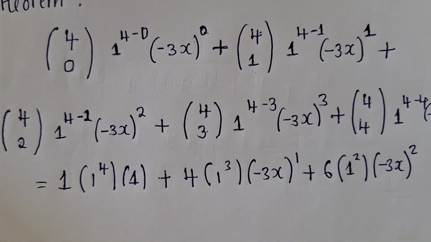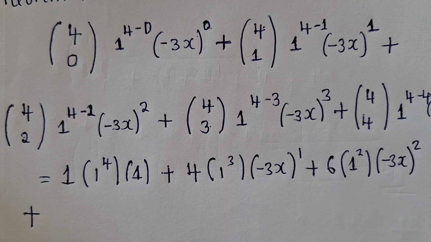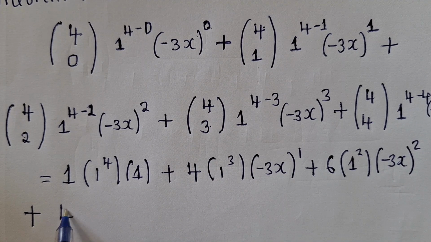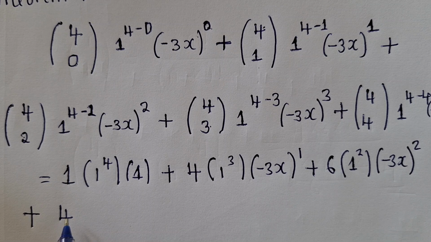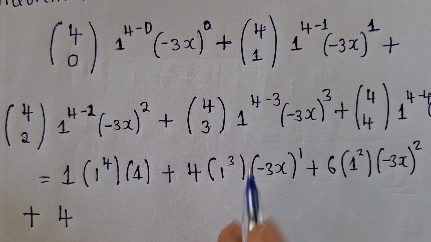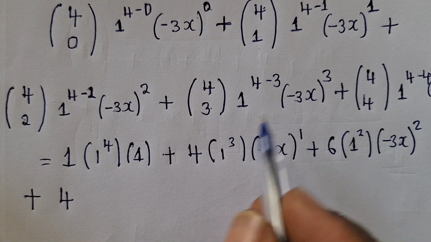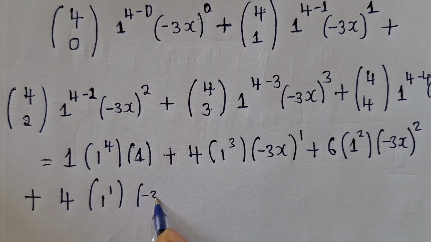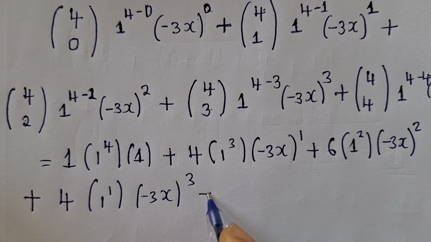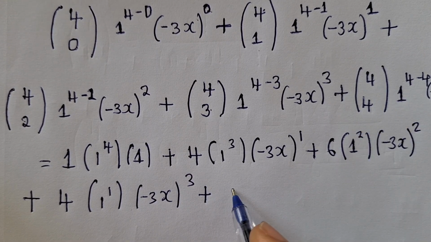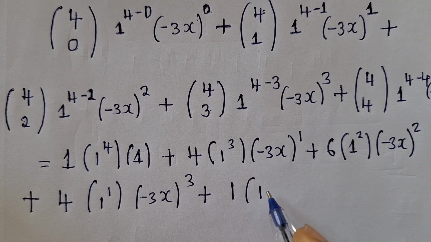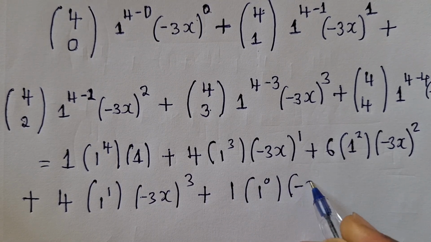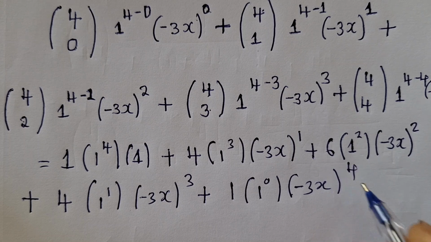We say plus, this time around we add this one, so it will be a 4, because 4 choose 3 will give us a 4, and then when we simplify here, we're getting 1 power 1, negative 3x power 3, plus this one is giving us 1 multiplied by 1 power 0, negative 3x power 4.